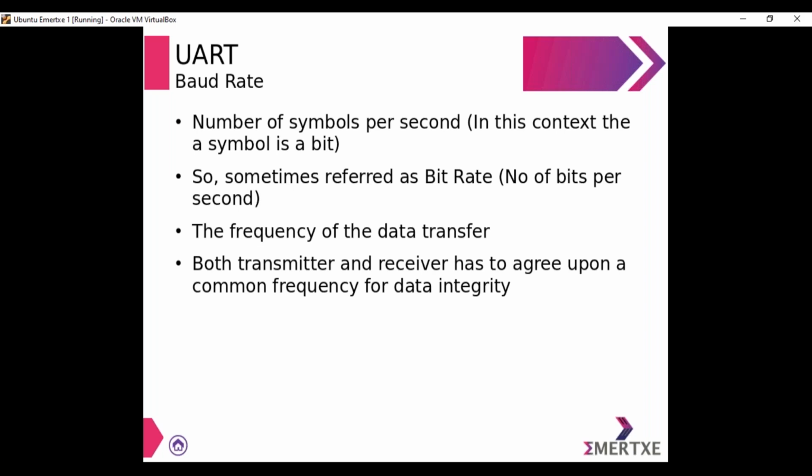Now the frequency of the data transfer is in fact nothing but the baud rate, and it is always suggested that both the transmitter and the receiver agree upon communicating with the same common baud rate. It is very important that both the transmitter and receiver agree to work with the same baud rate.